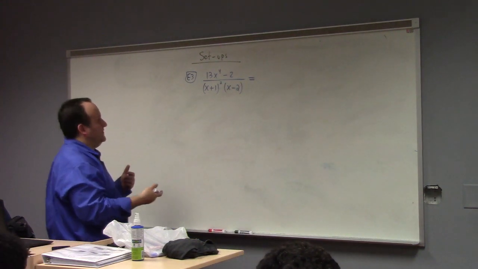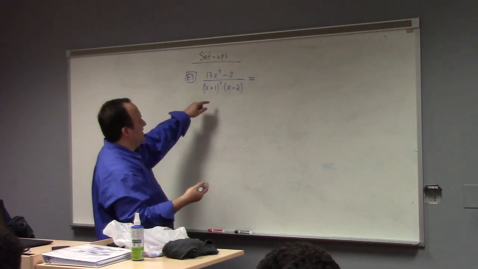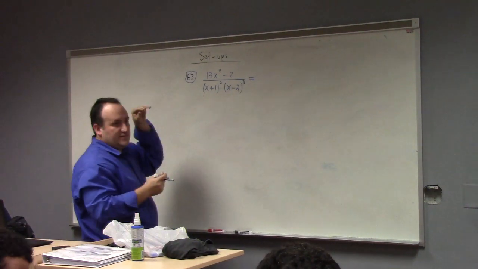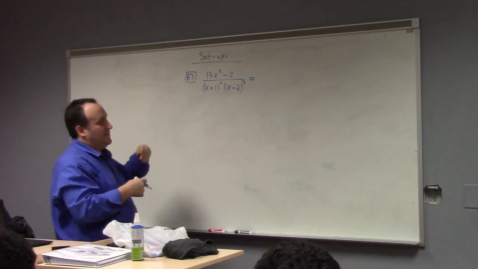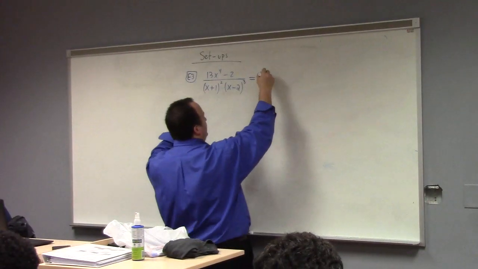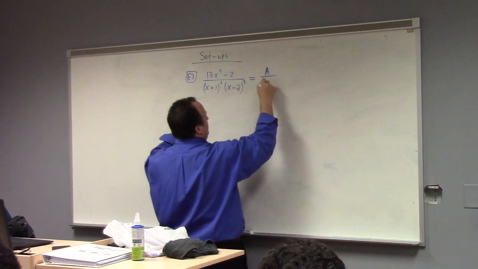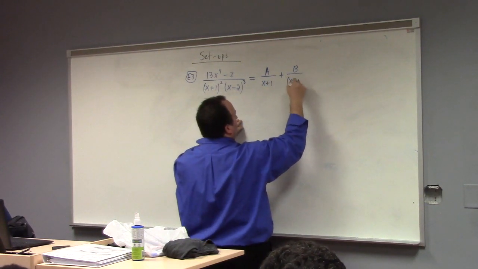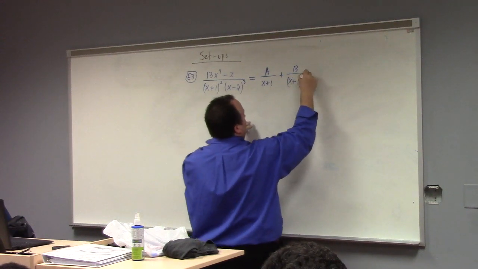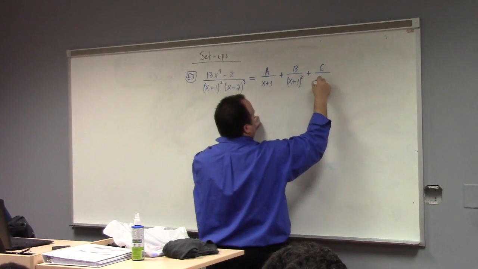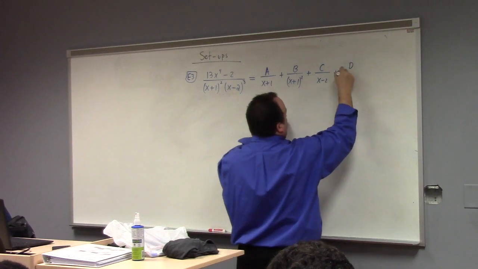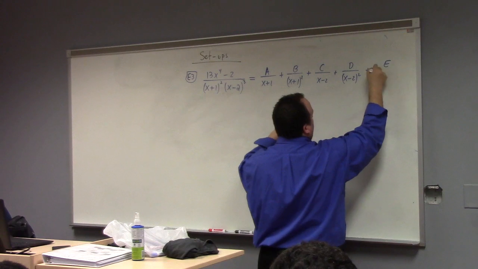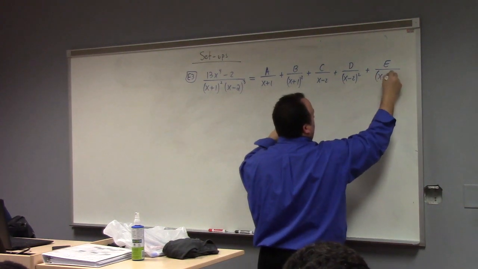Let me make that better. Let me make this a third power. So x plus 1 quantity squared, x minus 2 cubed. The partial fractions decomposition works out to the following: A over x plus 1 plus B over x plus 1 squared plus C over x minus 2 plus D over x minus 2 squared plus E over x minus 2 cubed.